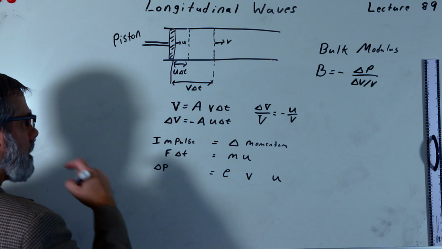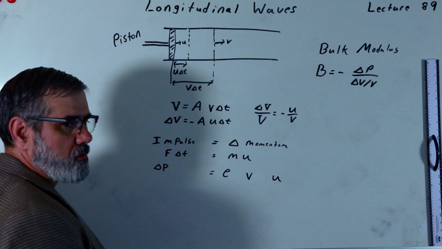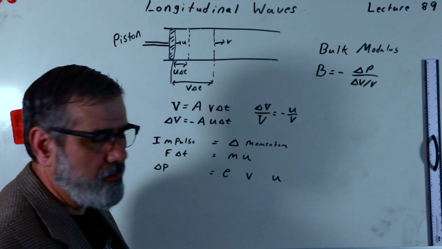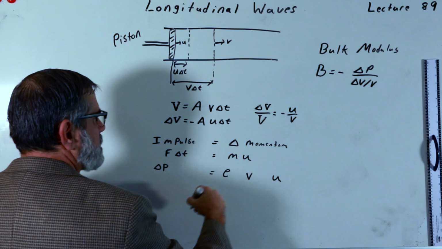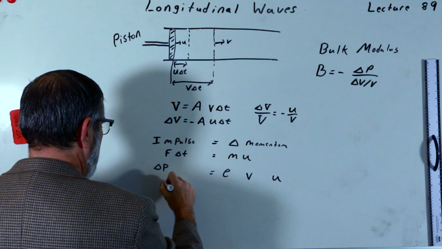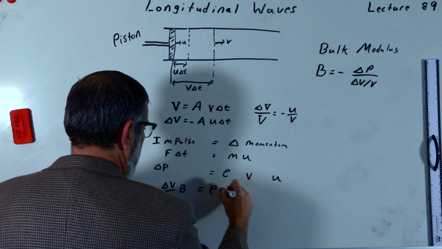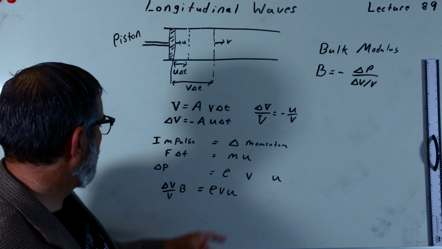Okay? So we can solve this for delta P. Again, I'm just going to ignore the negative sign. So we can replace this with delta V over V times B, and that's equal to rho v u. But delta V over V, we know what that is.